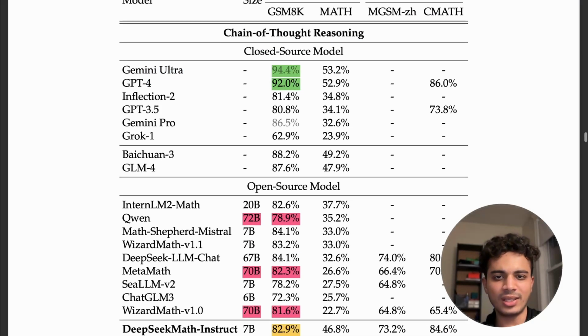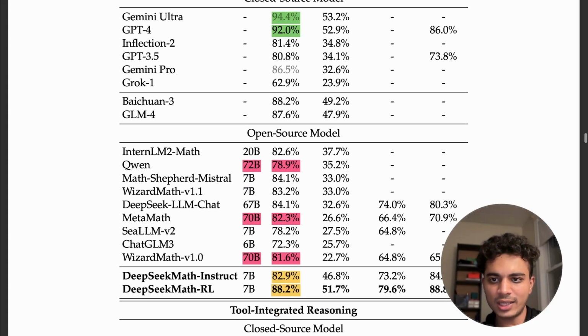We do not know how big they are. They could be billions or even a couple of trillion parameters, huge. And over here, you'll see that Qwen is like 72 billion, MetaMath is 70 billion, and WizardMath is like 70 billion. These models are literally 10 times bigger than DeepSeekMath RL or DeepSeekMath Instruct.